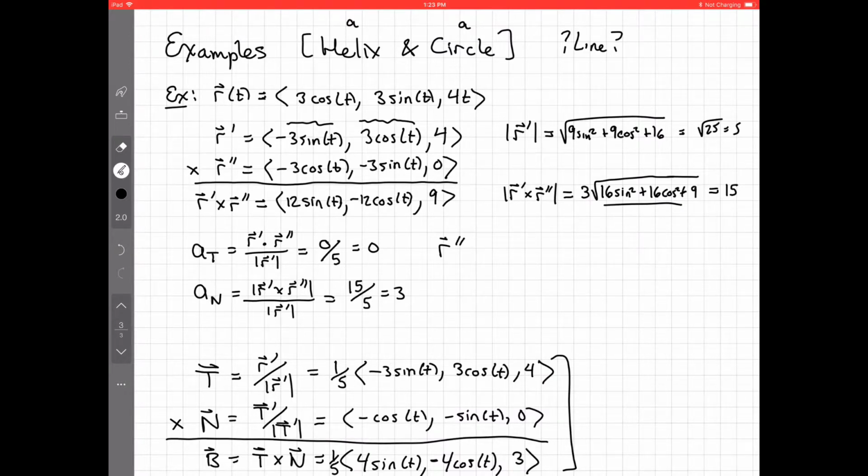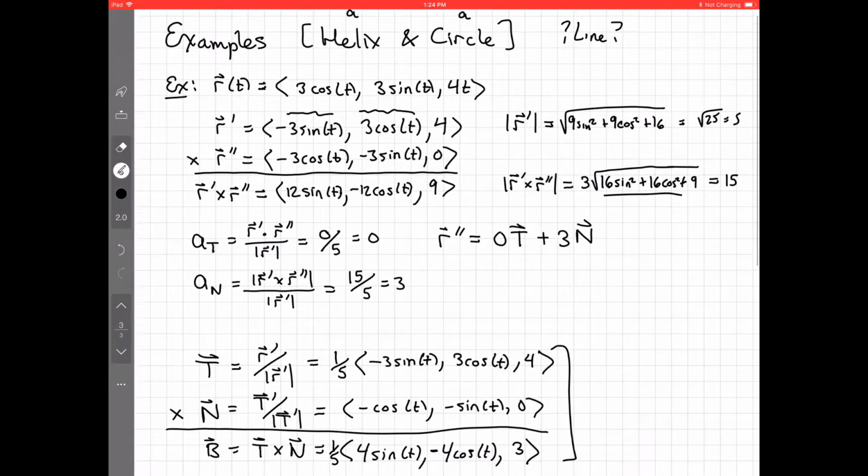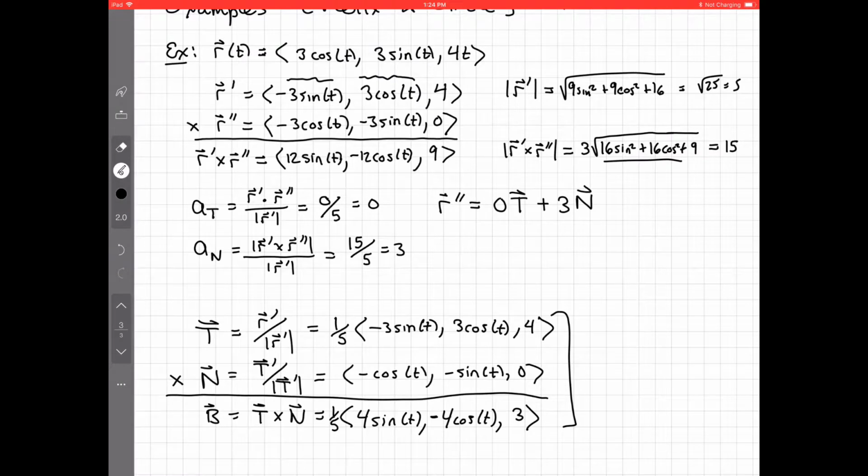We have that r double prime apparently is 0 copies of T plus 3 copies of N, and let's actually take a look at that. Does that fit with what we know? Well, look at what N is. N is minus cosine, minus sine, 0, whereas r double prime is exactly 3 times that.